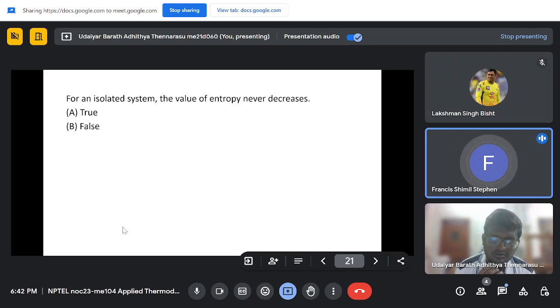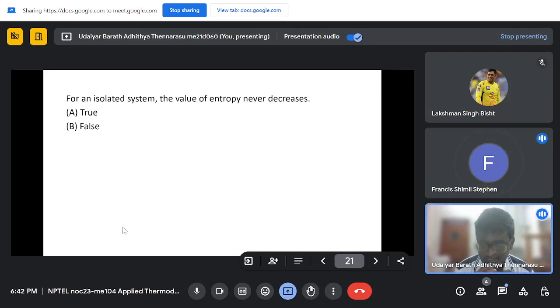The isentropic process is termed as reversible adiabatic. So, reversible adiabatic is an isentropic process, but an adiabatic process may not be a reversible process. So, reversible adiabatic is called an isentropic process. But a simple adiabatic process may not be an isentropic process or a reversible process.